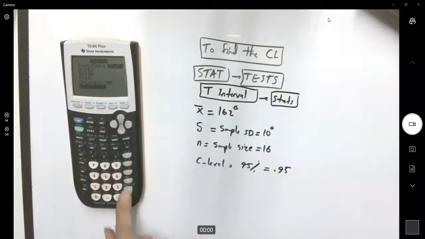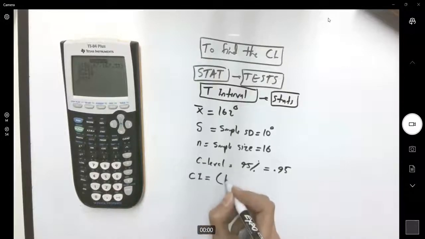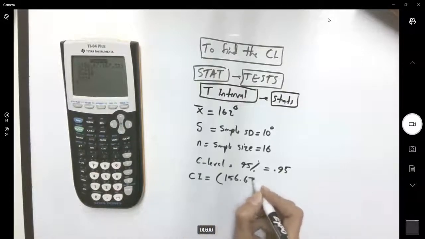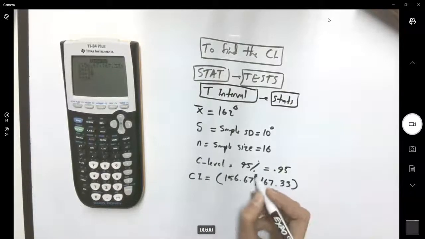Calculate. It says the confidence interval is approximately 156.67 and 167.33 degrees.